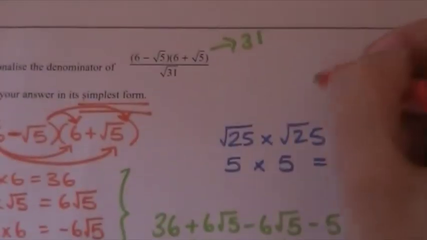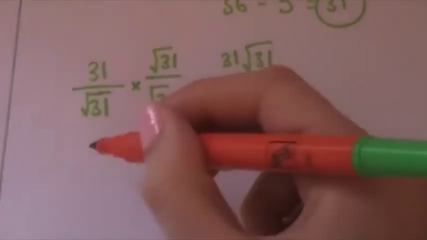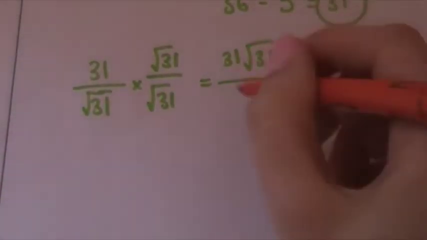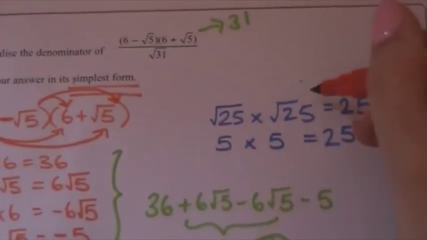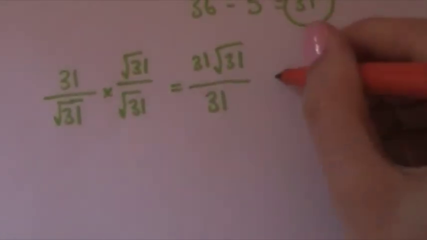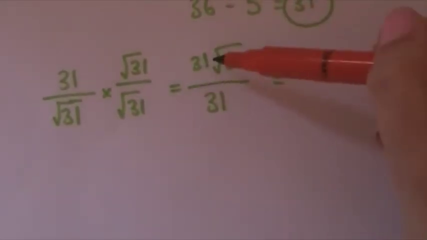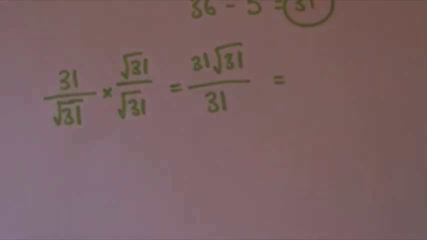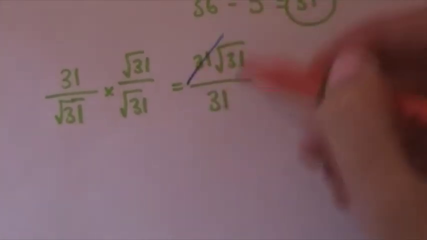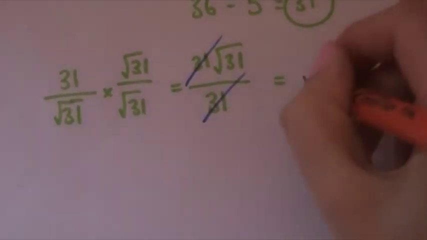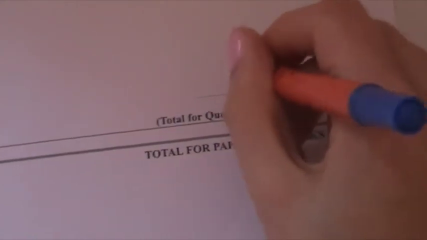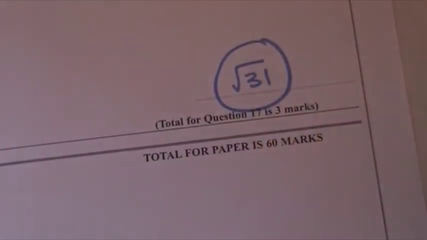And like we demonstrated before, root 31 times root 31 is just going to leave us with 31. So we have 31 root 31 divided by 31. If we cancel out like this, we are just left with root 31. So our final answer, fully simplified, is root 31.